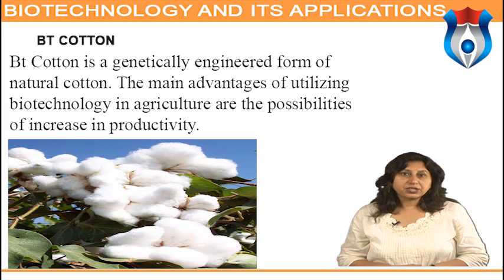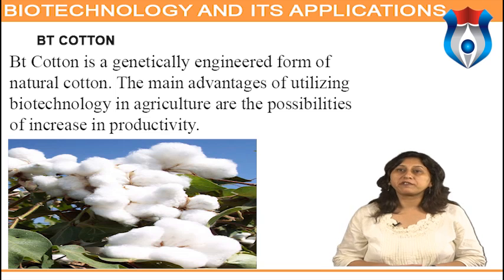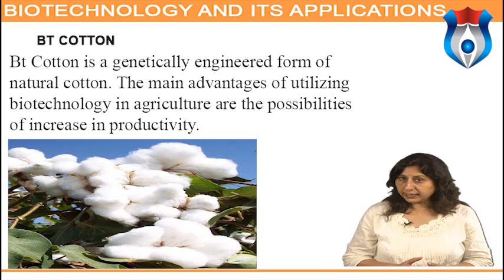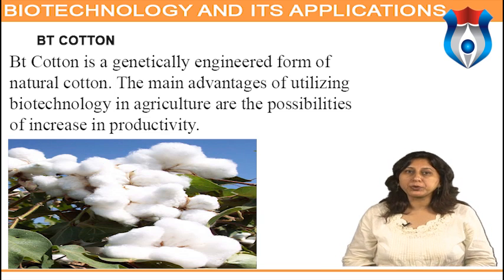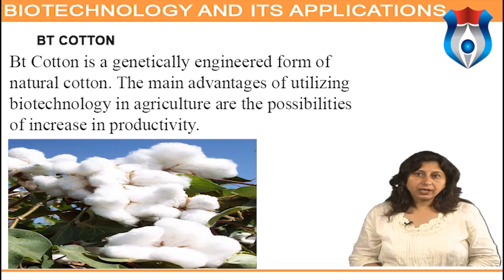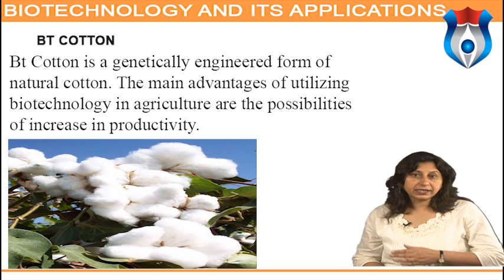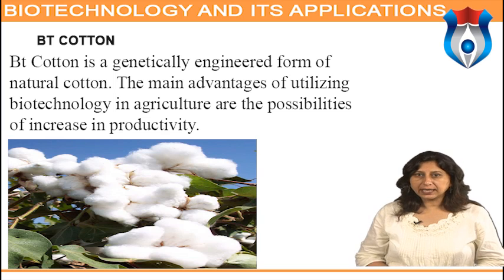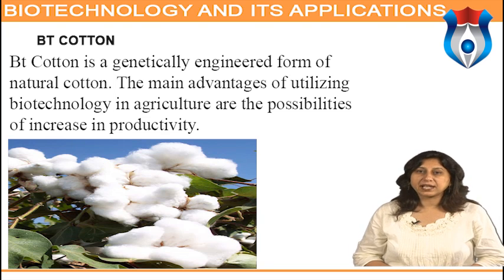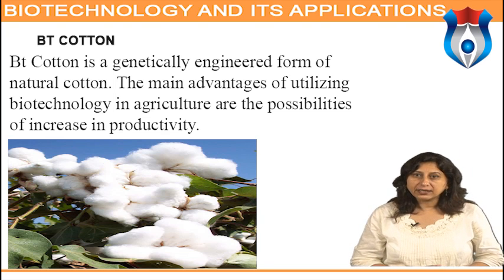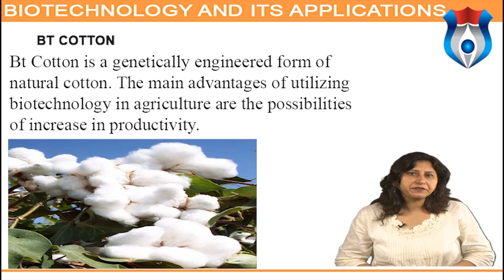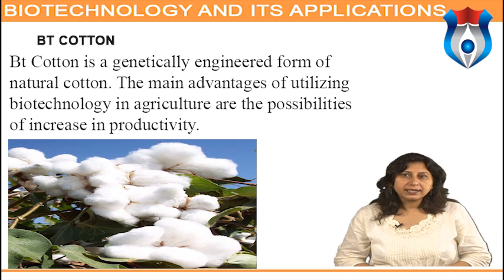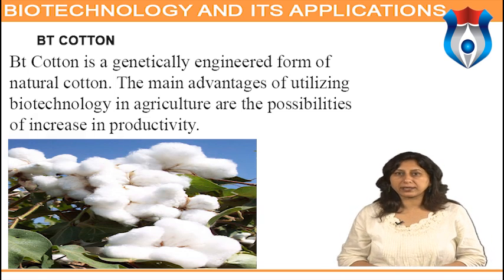Bt cotton is a genetically engineered form of natural cotton. The main advantages of utilizing biotechnology in agriculture are the possibilities of increase in productivity through the use of newer varieties that possess properties such as resistance to pests, diseases, and other stressful conditions like drought, salinity, or waterlogging.